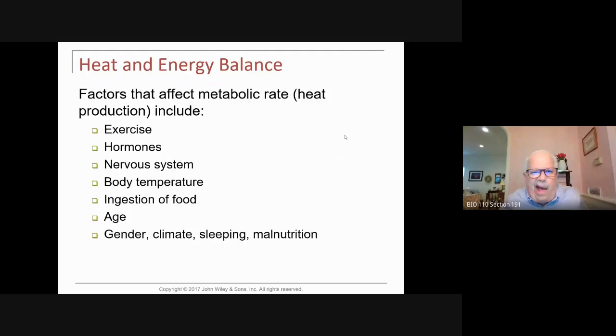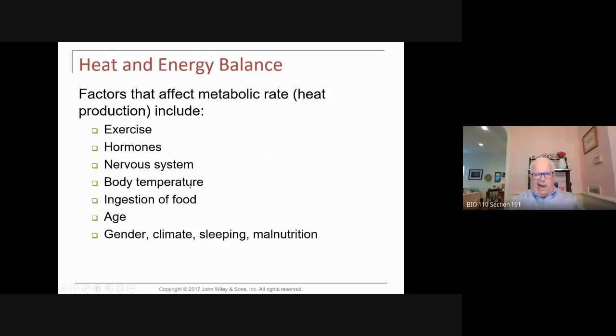Factors that affect the metabolic rate, otherwise known as heat production, are all of these. Obviously, if you exercise, you will affect your basic metabolic rate. If you have a hormone problem, if you're hyperthyroid or hypothyroid, you'll affect your basic metabolic rate. If you're sleeping in a coma, it'll affect your metabolic rate.